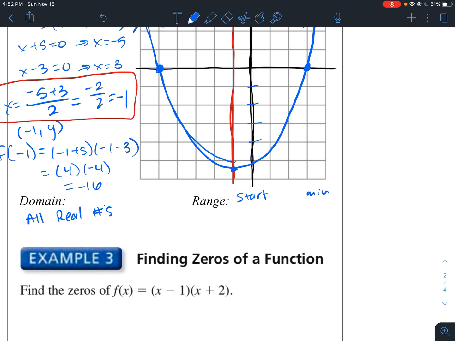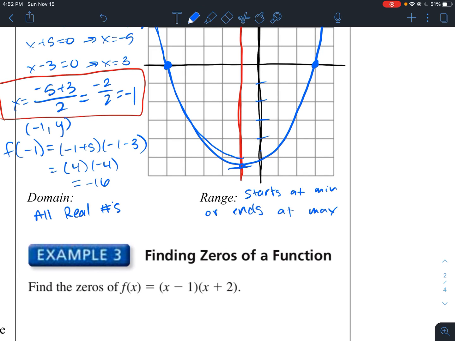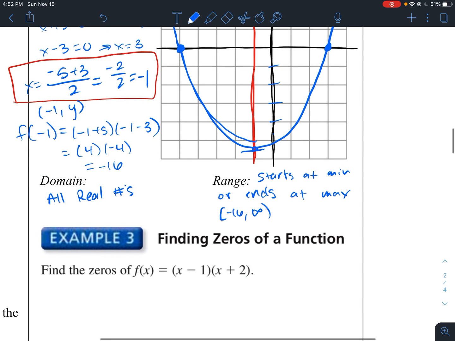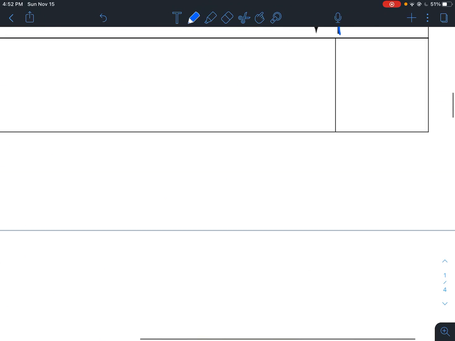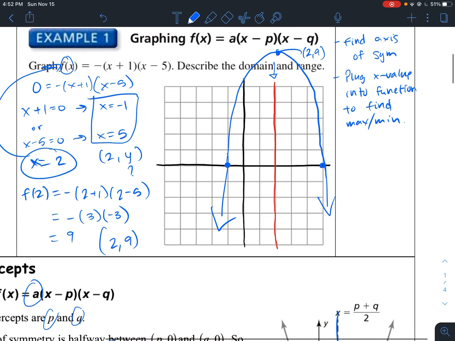So starts at min or ends at the max. So in this case, we start at negative 16, and we go to infinity. However, up here, for the example that we did up here, the domain, again, is all real numbers.